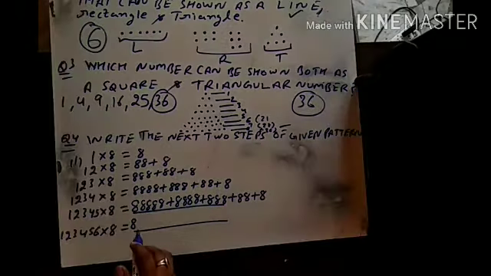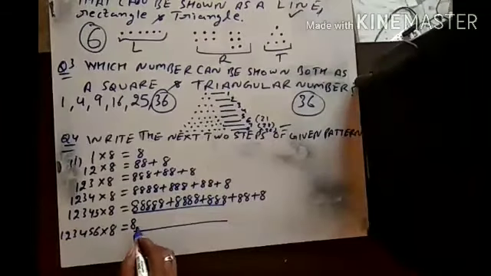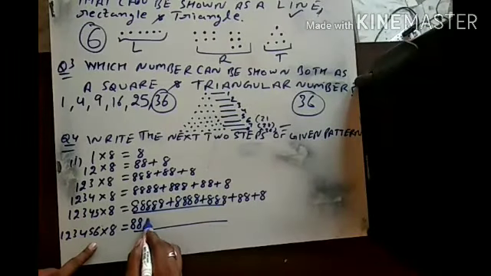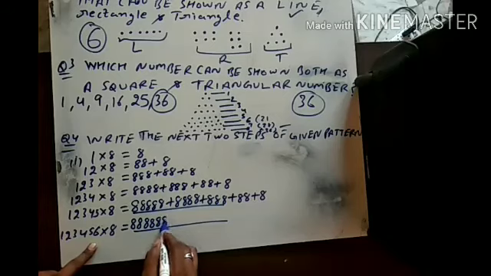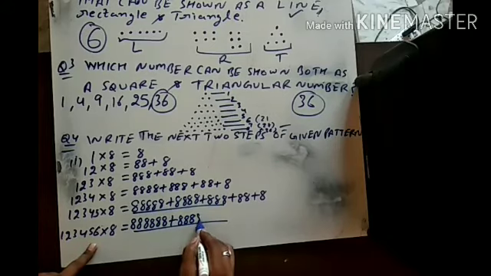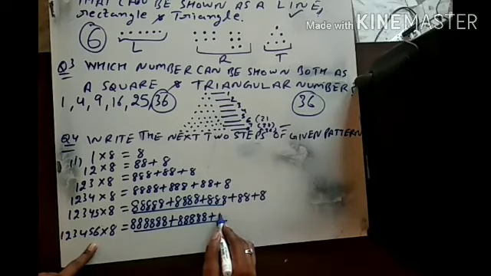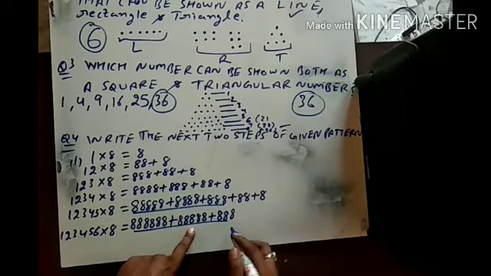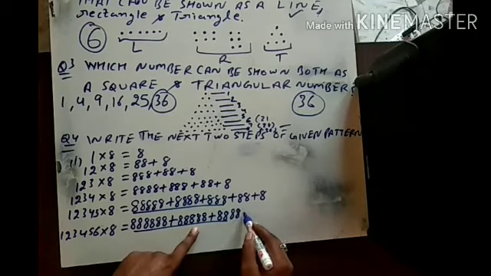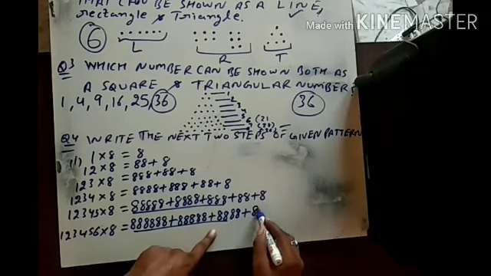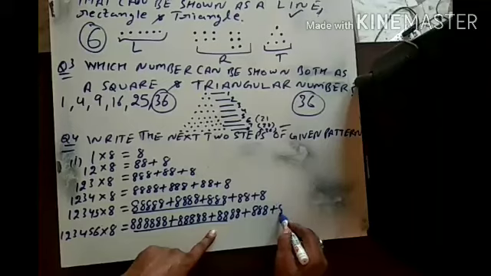And here 6. 1, 2, 3, 4, 5, 6. 1, 2, 3, 4, 5. 1, 2, 3, 4. After that 3. After that 2.